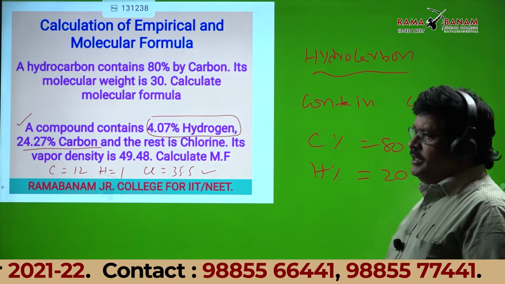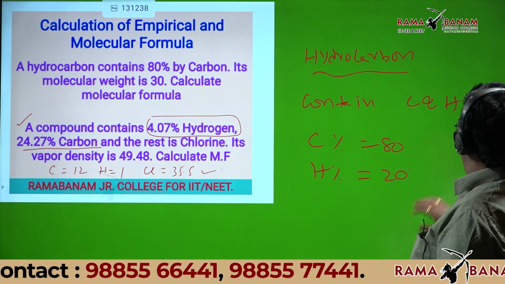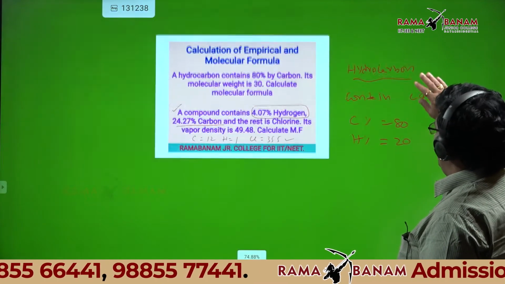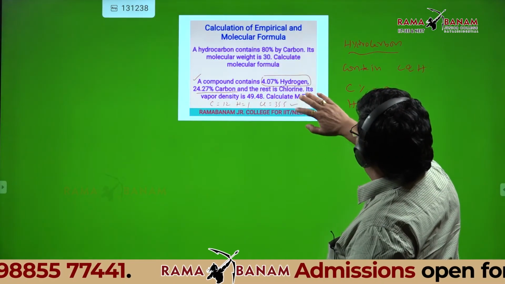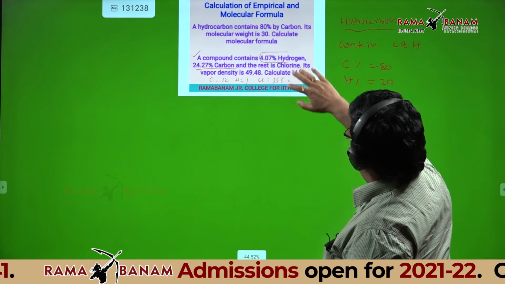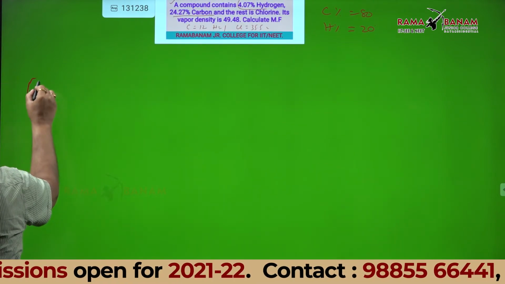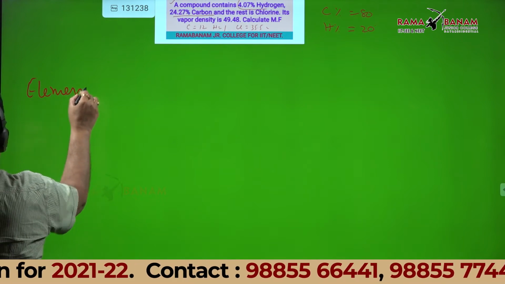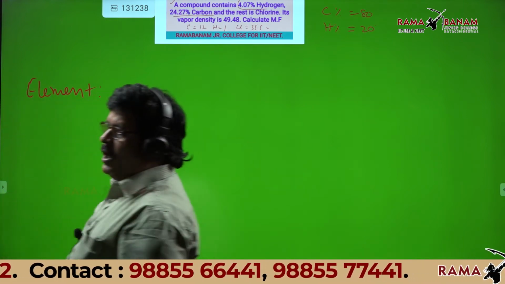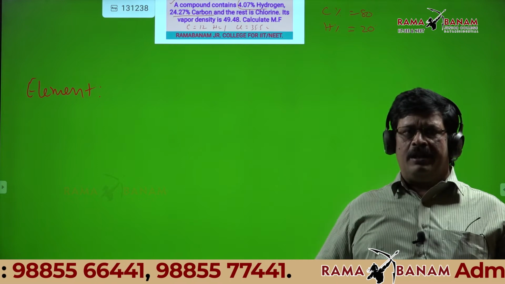Is it okay, students? Now, what is required to calculate the empirical formula? Look at the board. First, you write the elements in one column. Don't write yet, first listen, concentrate on the board.